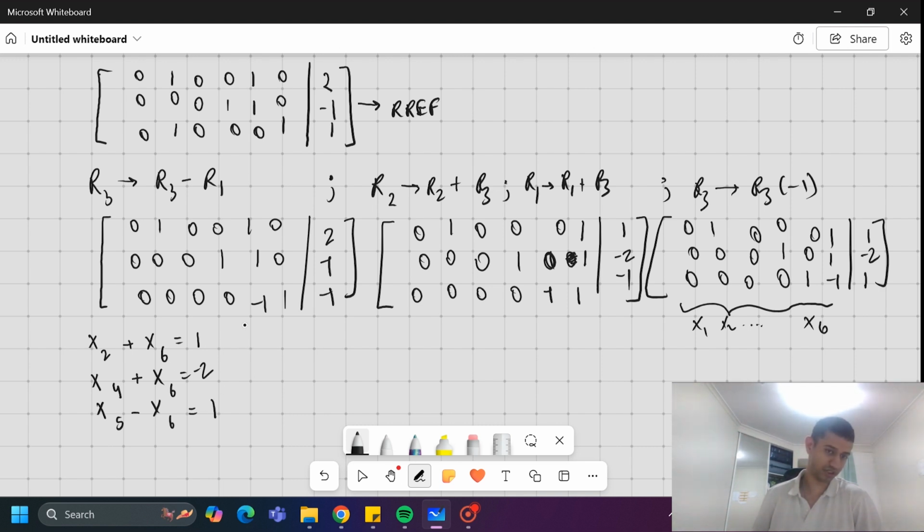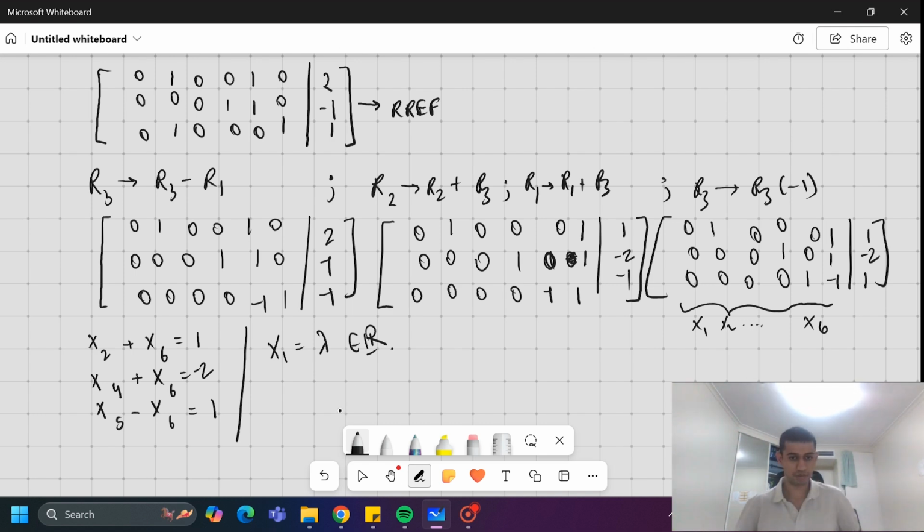Since x1 is just not there, we can assume some x1. Let that be lambda, which is some real number that solves it. This is how we parameterize it when they're independent. So here they are independent.